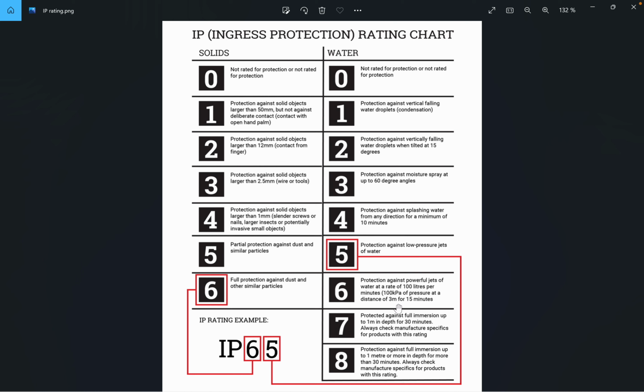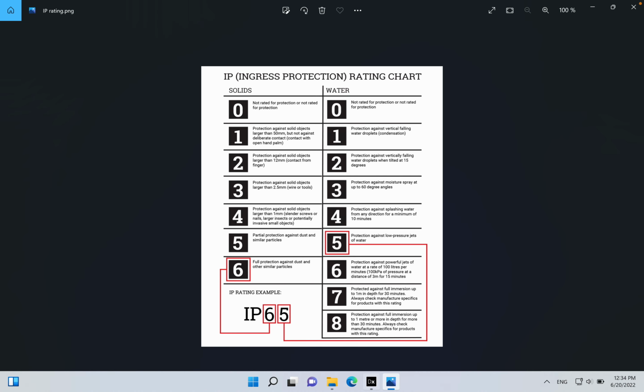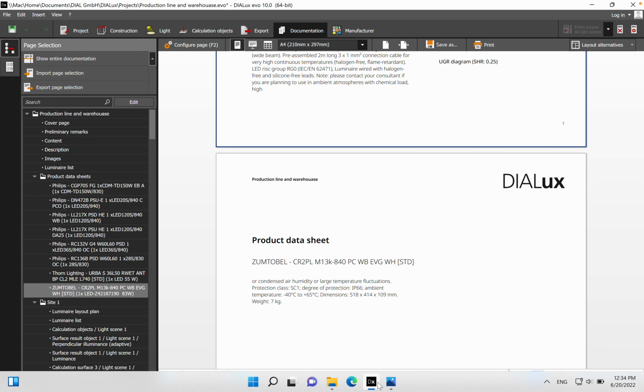We have 6 as well, so it's a protection against powerful jets of water at a rate of 100 liters per minute. And here we have 100 kilopascal of pressure at a distance of 3 meters for 15 minutes. So it's very easy now to know exactly what that IP rating means and which protection it's offering for the luminaire for that space.